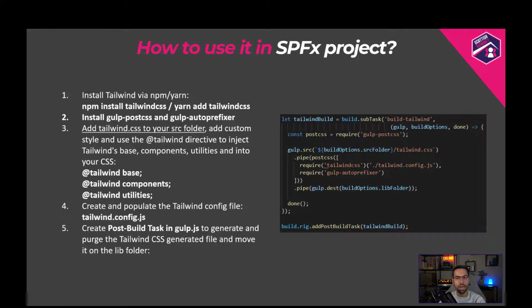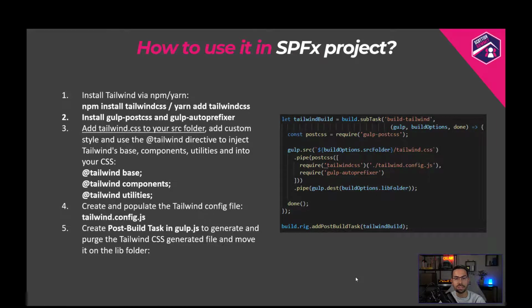Another thing is to add a simple tailwind.css file inside the source folder. This is necessary to add custom styles, if you need, and to add the Tailwind directives to inject the Tailwind base, components, and utilities into your CSS. Then you need to create and populate the Tailwind config file, tailwind.config.js, if you need to customize Tailwind CSS.